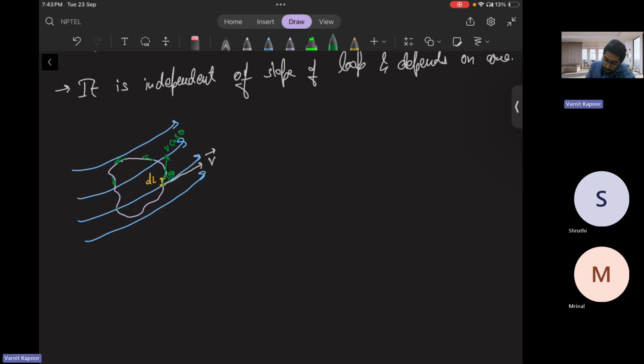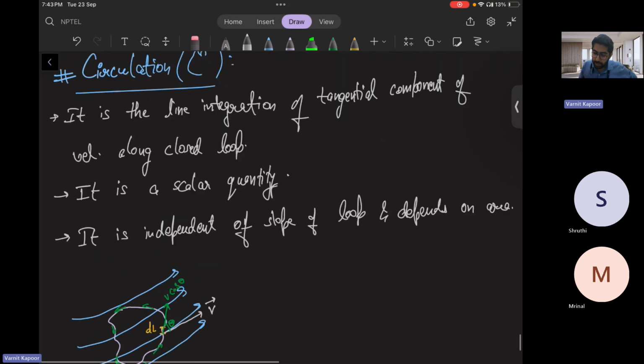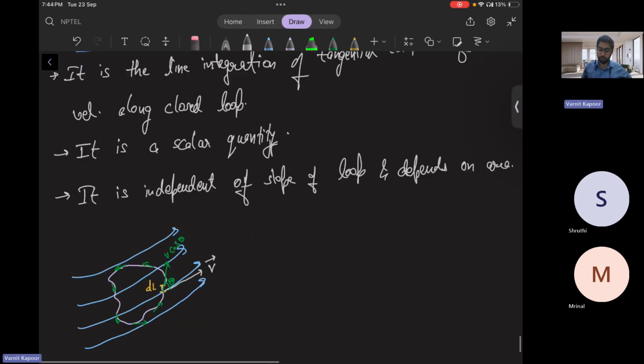All the components are v cos theta. So my circulation is the integration of the tangential component of the velocity of the streamline along the closed loop.